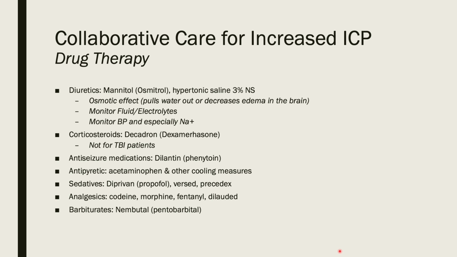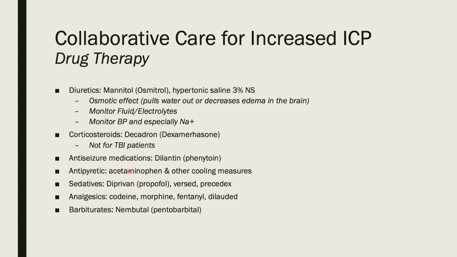We would have more edema management meds that may be ordered, like loop diuretics to remove fluid from the brain and maintain a negative fluid balance. And corticosteroids, just think about inflammation. That's there to control that. We would give that Decadron. But it won't be for those TBI patients. Okay, that traumatic brain injury patients.